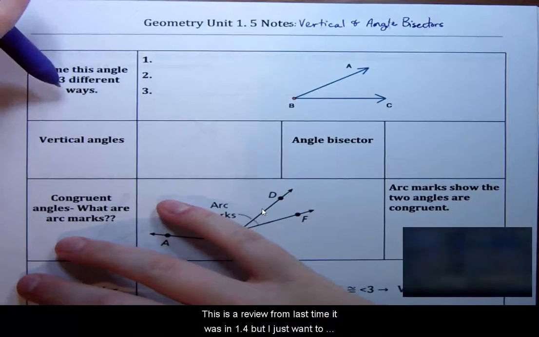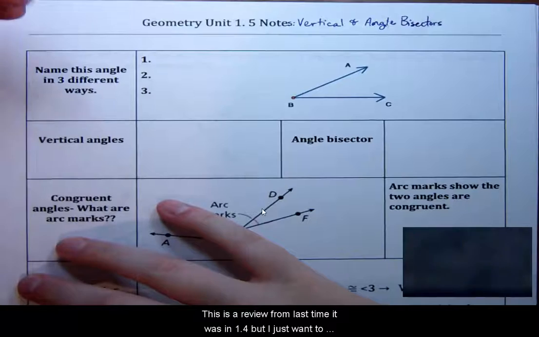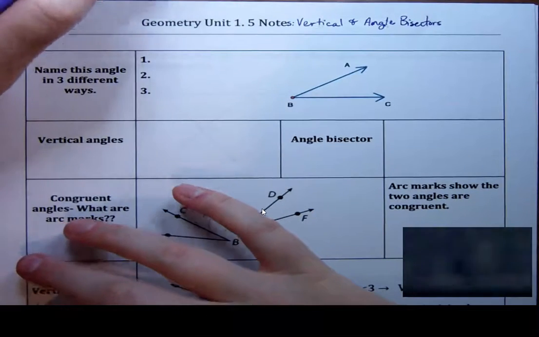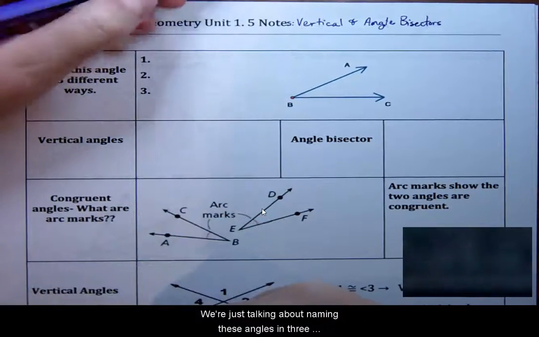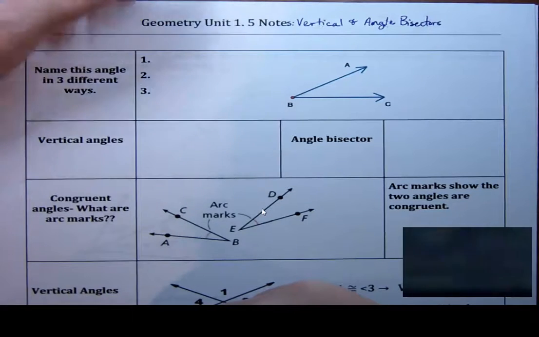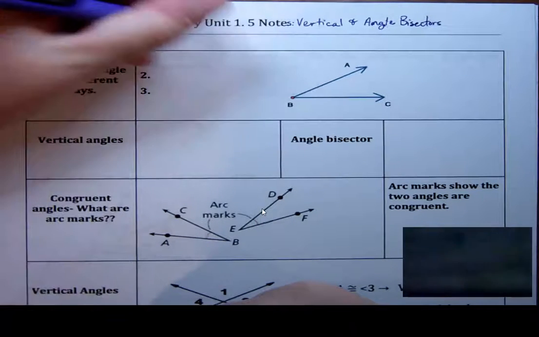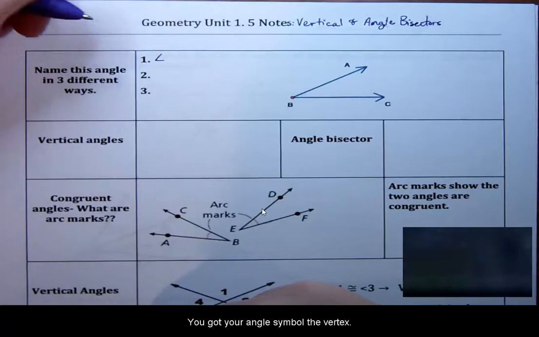So this is a review from last time. It was in 1-4, but I just want to go over it one more time. We are just talking about naming these angles in 3 different ways. You can name it with 3 letters. You would write your angle symbol.